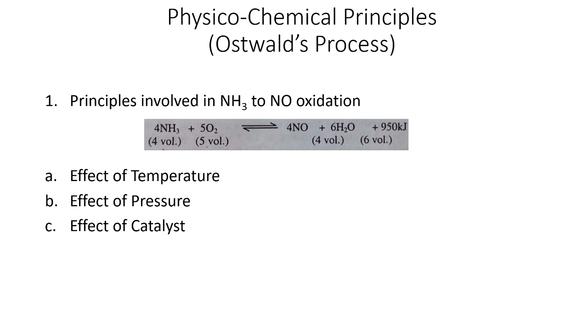That is the 4 molecules of ammonia and 5 molecules of oxygen. The probability of their interaction in gaseous state is very less. Therefore they are made to adsorb on the catalyst surface where the probability of their interaction will be maximum and you will get the maximum output. So that is the use of catalyst.